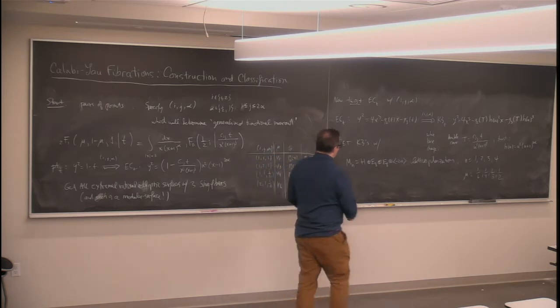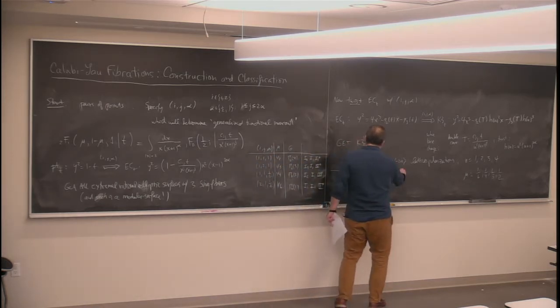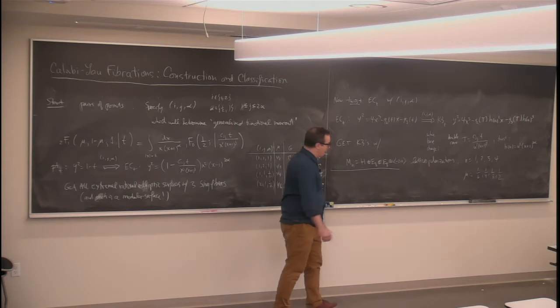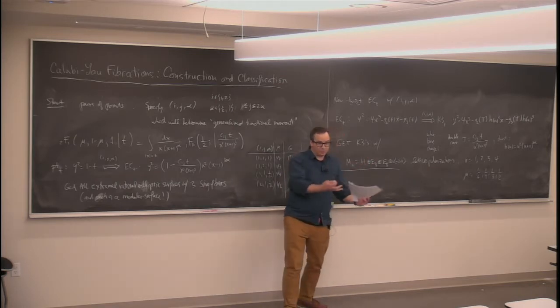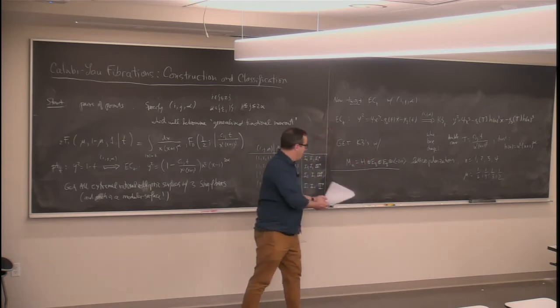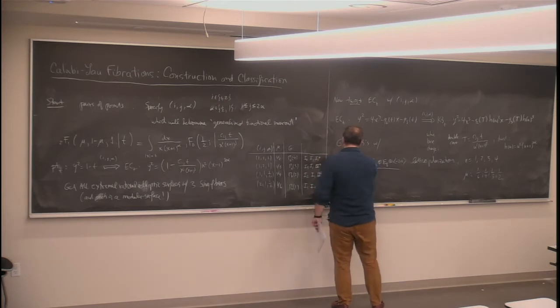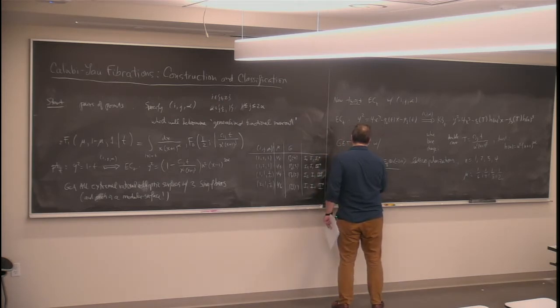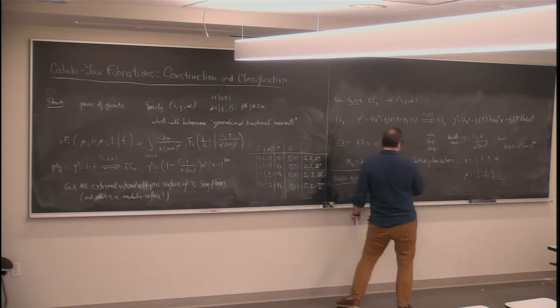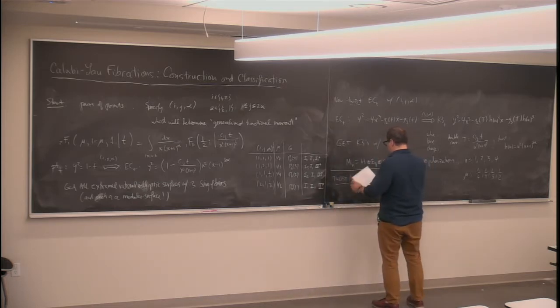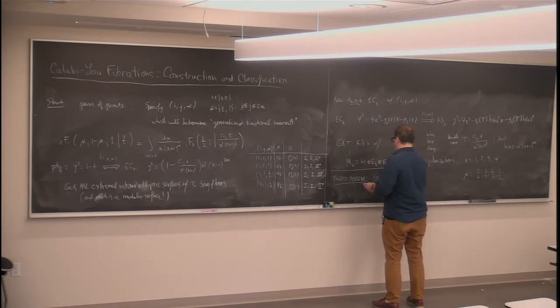All right, so it suffices to just point out at this point, now that we've actually recovered the K3s that we were playing with on Tuesday from this construction, that we can just twist again. Twist again, okay, and use this sort of non-trivial generalized functional invariant, and then we get Calabi-Yau threefolds.